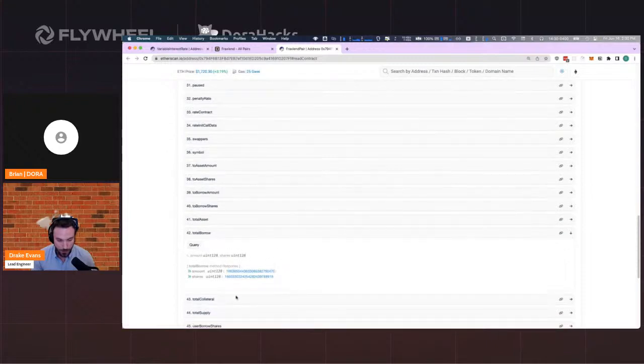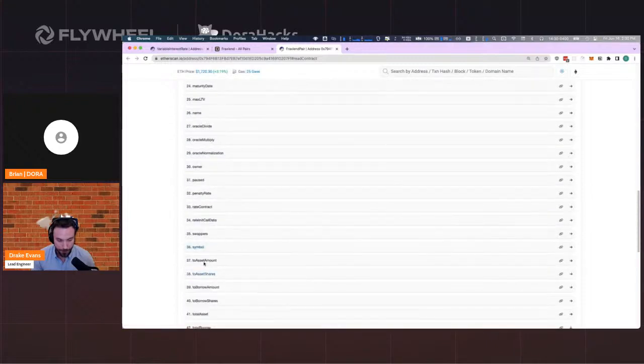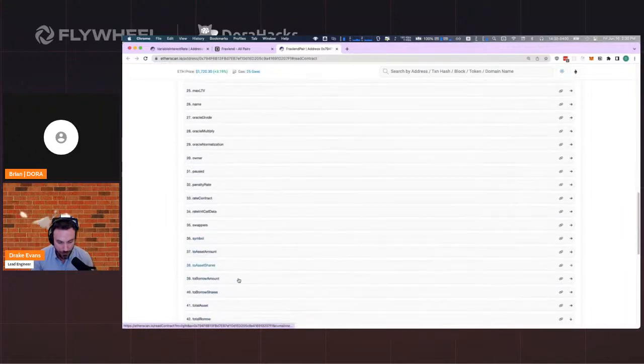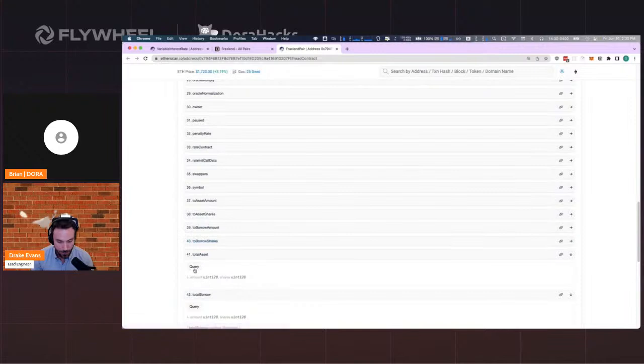And then we're going to do total asset. Total asset represents the total amount of assets lent to the pair. And the utilization is going to be the amount borrowed divided by the amount lent.